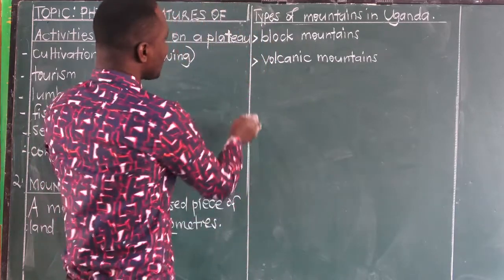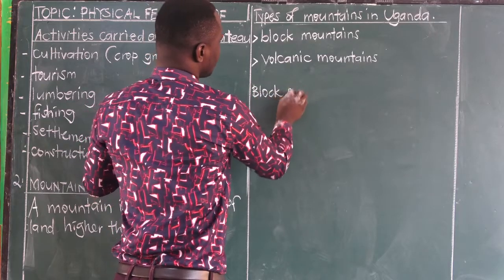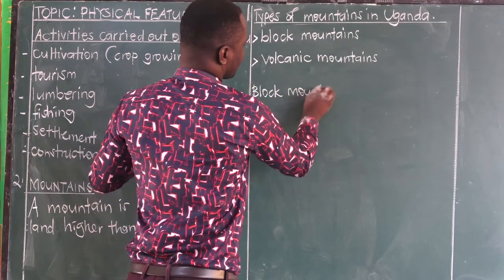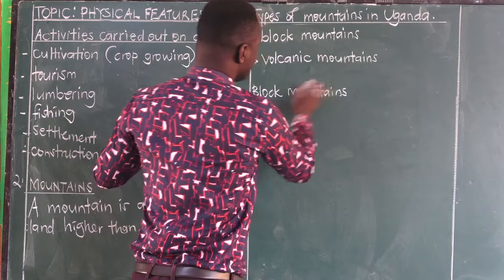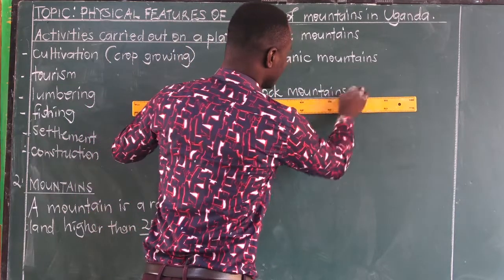So when we look at block mountains, we are saying these mountains were formed as a result of faulting.